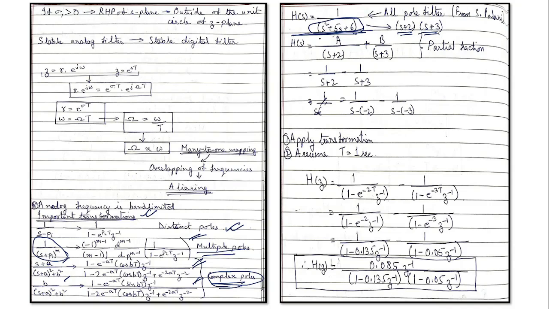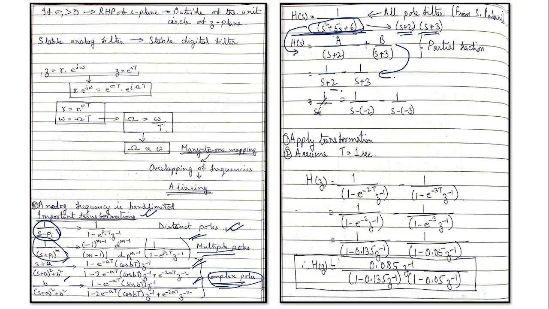Now using the partial fraction, we can break this transfer function into this form, a divided by (s plus 2) plus b divided by (s plus 3). Now from here, after doing the partial fraction, we can simplify this equation to this form, 1 by (s plus 2) minus 1 by (s plus 3). Okay, but if you look into the transformations over here, it is in the form of 1 by s minus of pi.